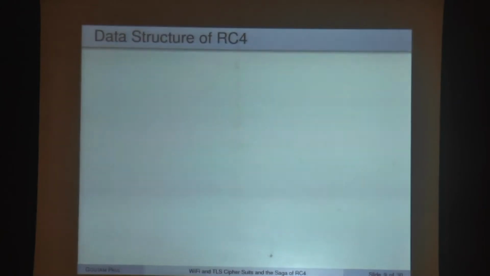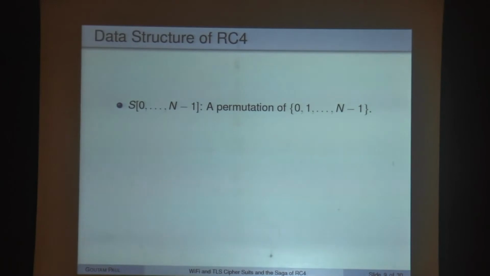Look into it. The data structure of RC4 is very simple. It's an array. All of you know how to use an array in any programming language, right? So it's an array. You can think of N here as 256. Every position is actually 1 byte here, so you have 256 bytes, N bytes. Right?